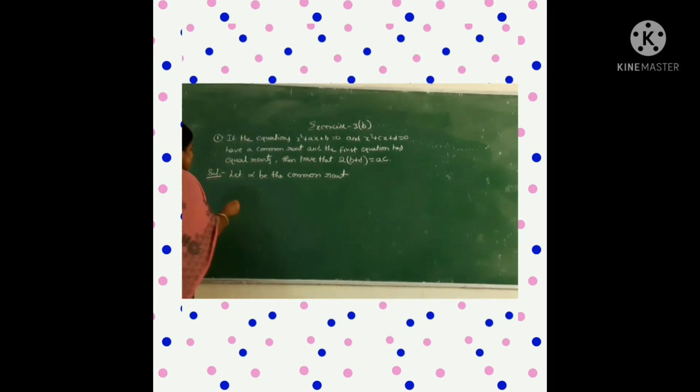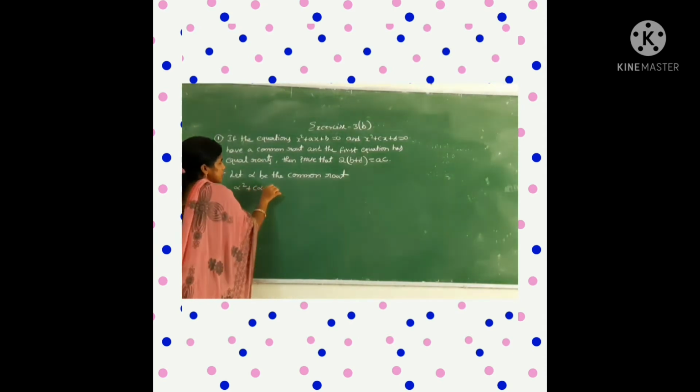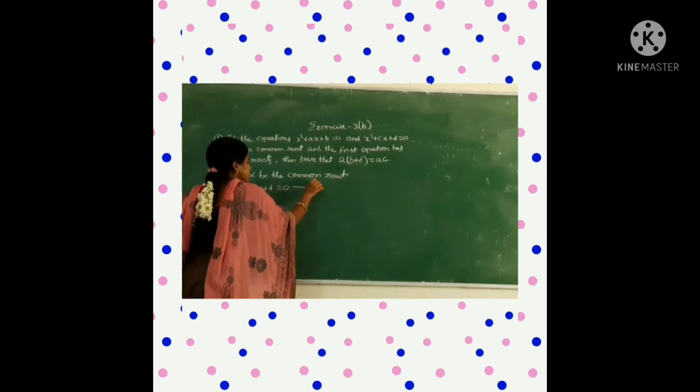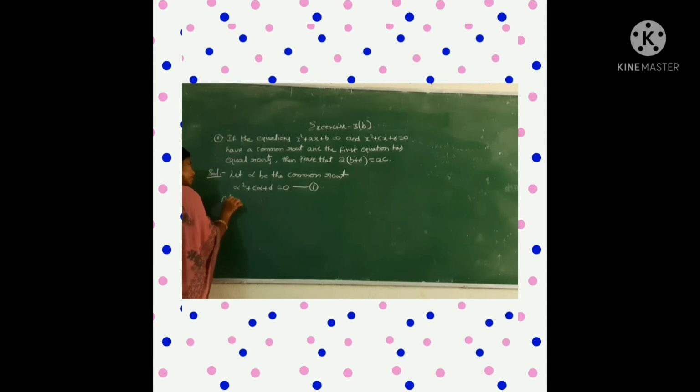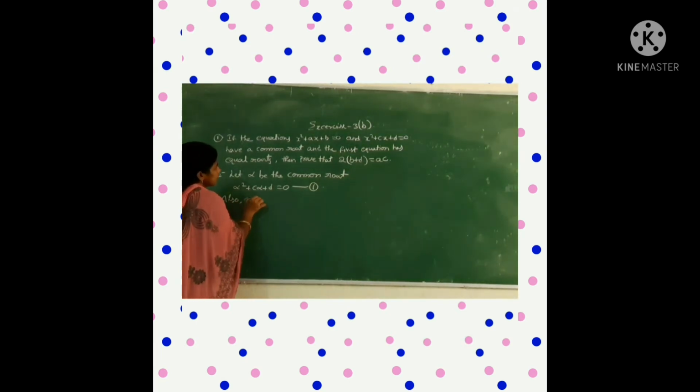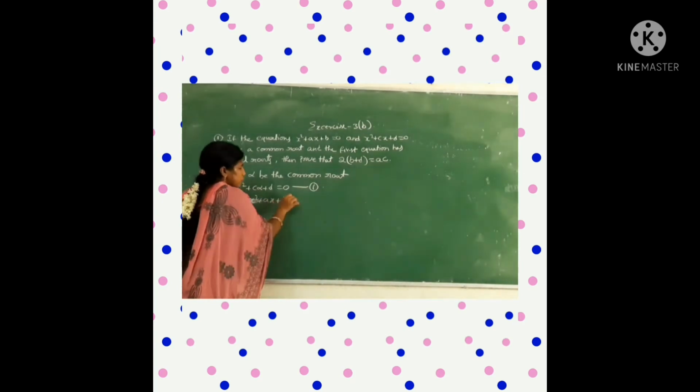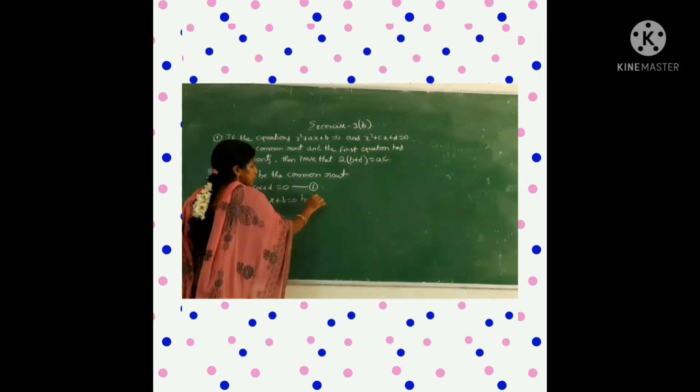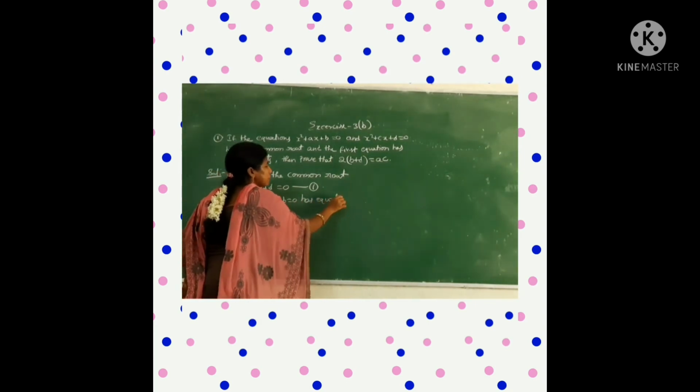Okay, the second equation is alpha square plus c alpha plus b is equal to 0. This is the first equation also. The first equation has equal roots, so the equation x square plus ax plus b is equal to 0 has equal roots.